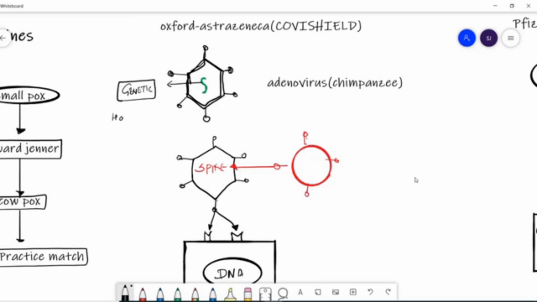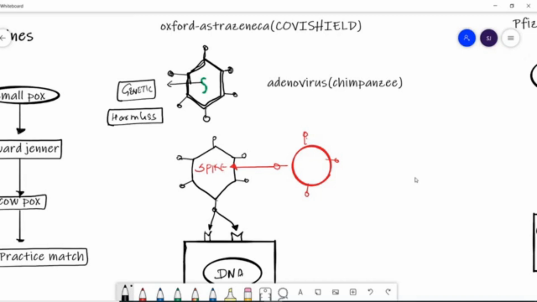This is the point. Everybody gets very discouraged or scared because they are thinking that we are sending in a virus to infect our body. No, in the case of the virus, we make it harmless in the initial step itself.